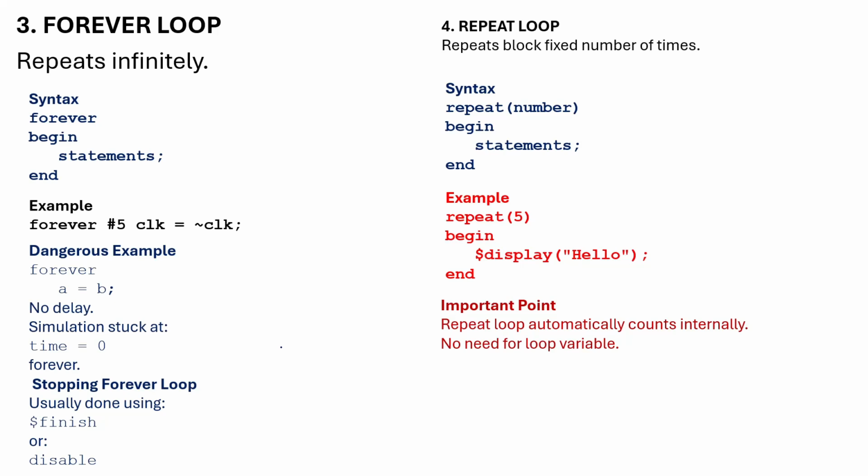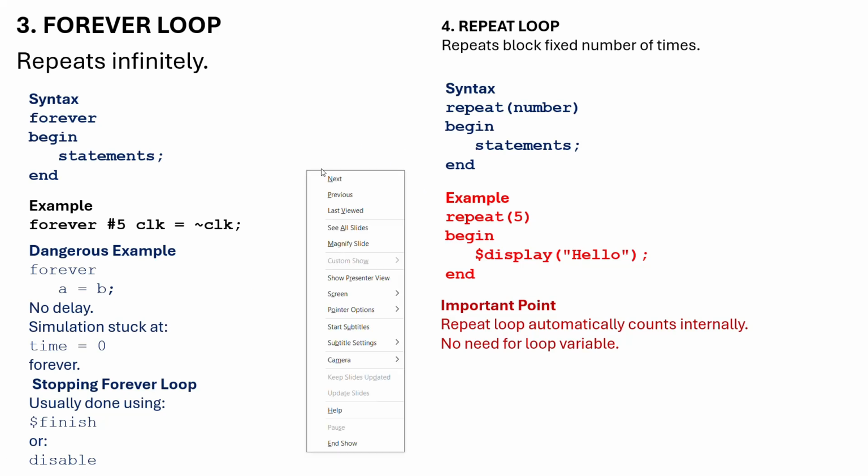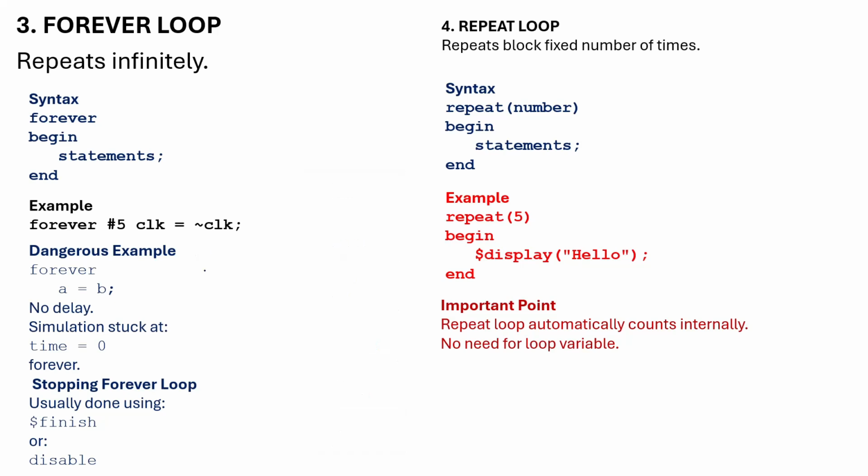So for stopping the forever loop we use dollar finish, or you can use some disable condition. So this forever loop, I told you, I'm using repeatedly for infinite times, right? And see, this is the clock generation, hash 5 clock equal to negation of clock. This is the example for the forever loop.